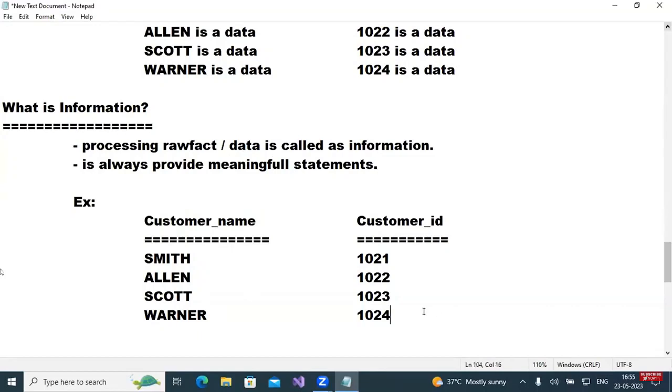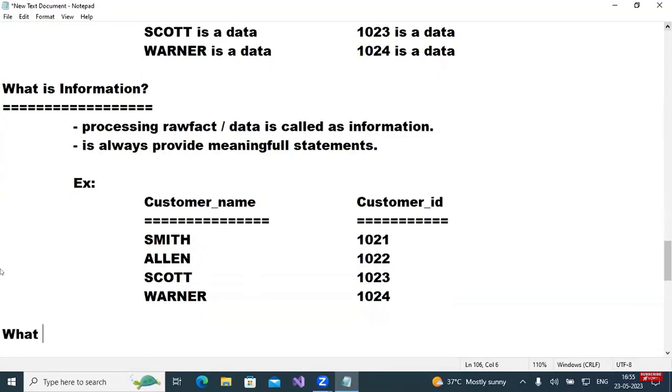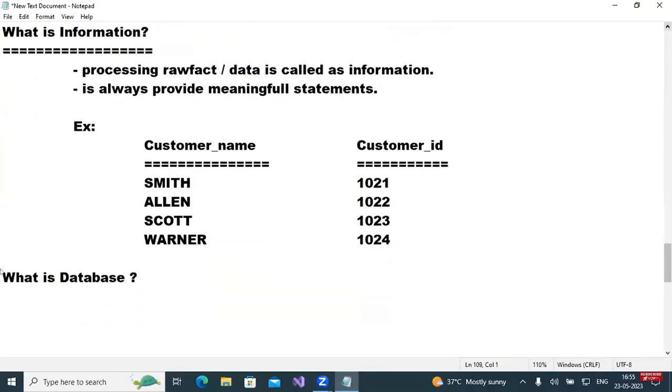Okay, that's good. Now the next question: what is a database?